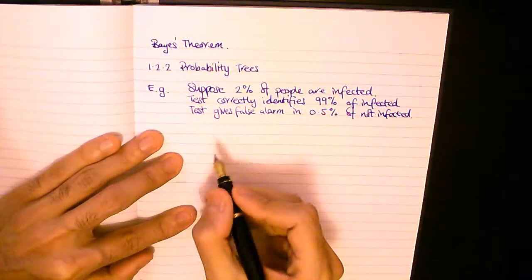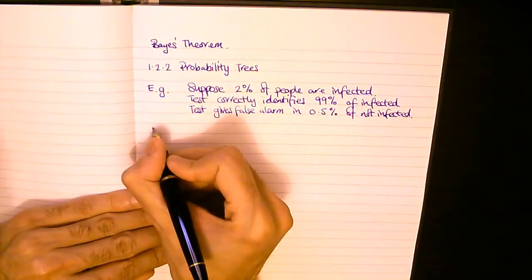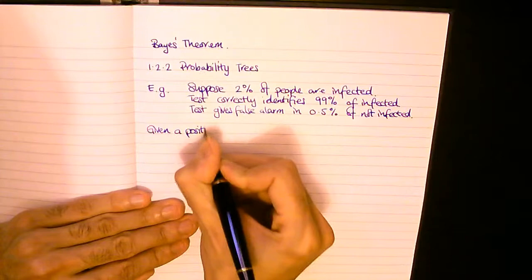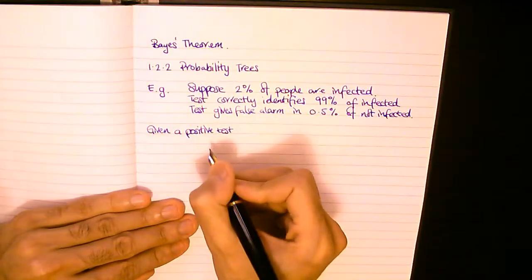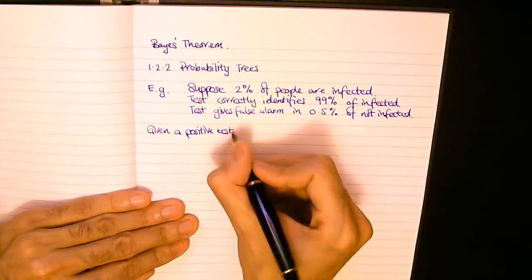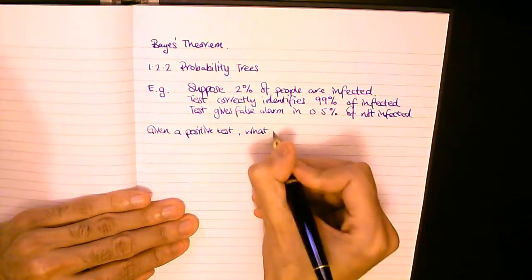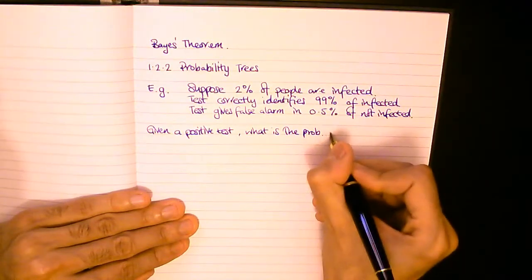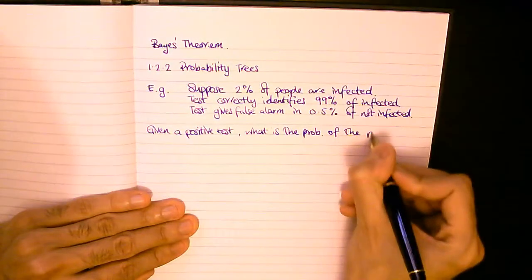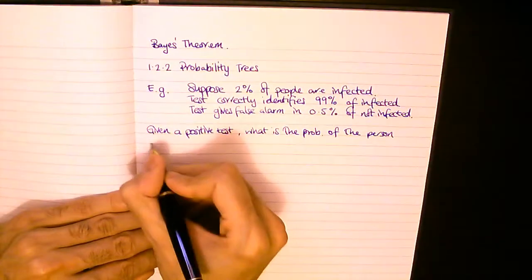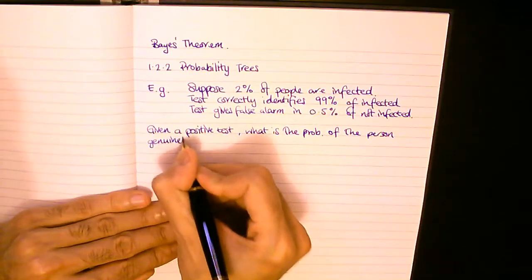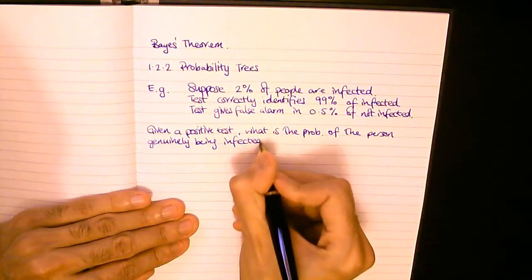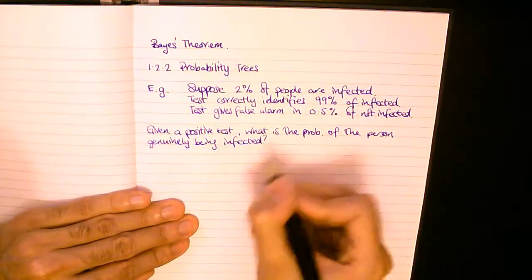Okay, so the question is, given a positive test, what is the probability of the person genuinely being infected? Okay, so that's the question we're going to try and answer.